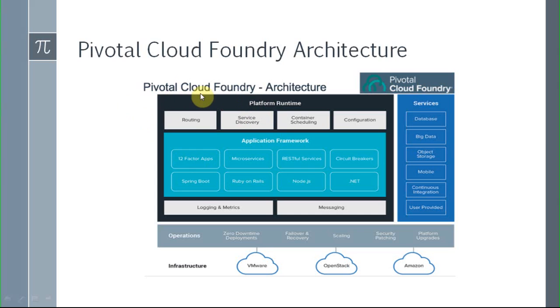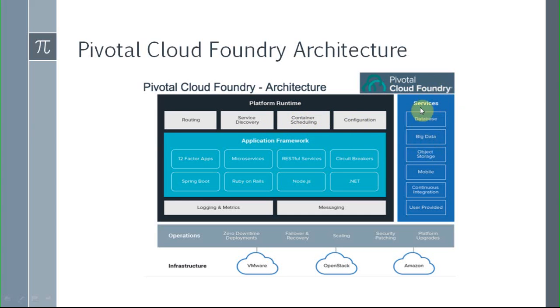For example, you can use Zuul as an intelligent and programmable routing system. And you can use container scheduling. For example, you can use Docker systems here.